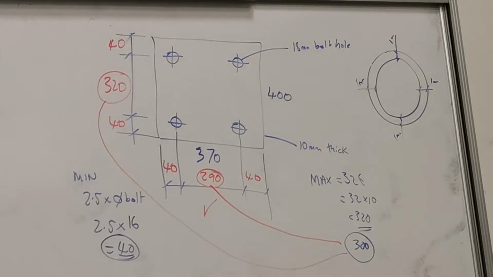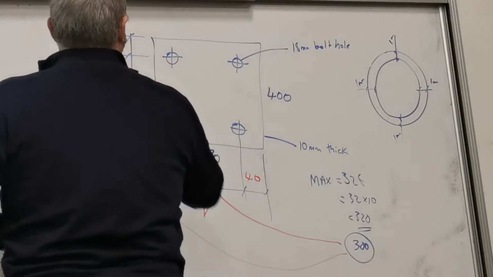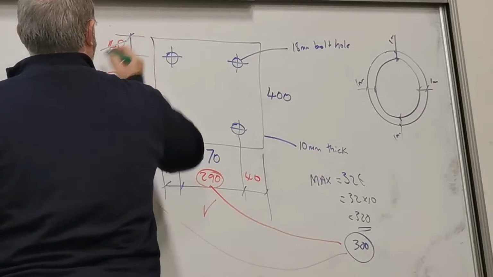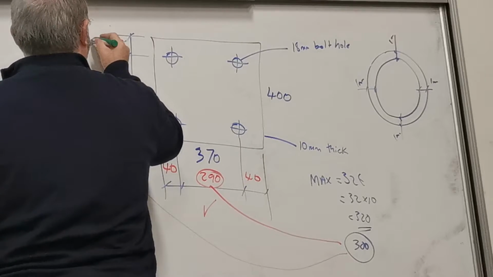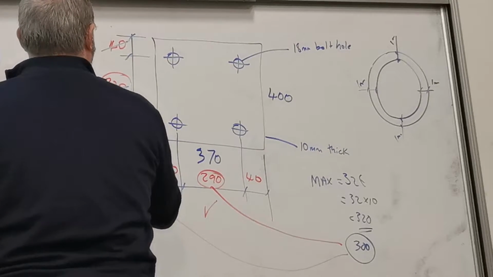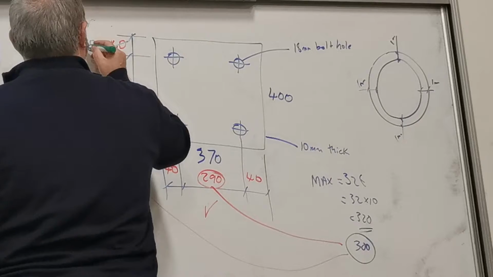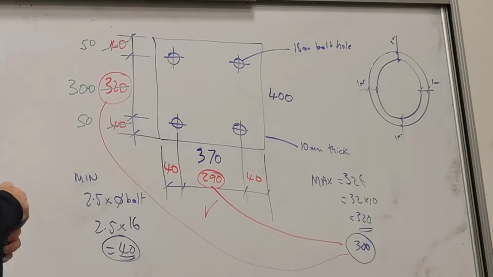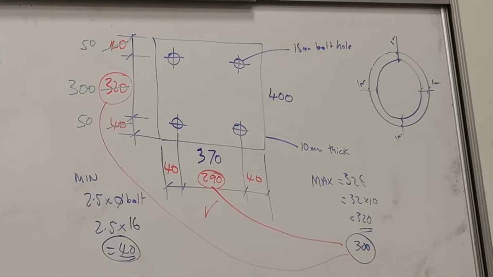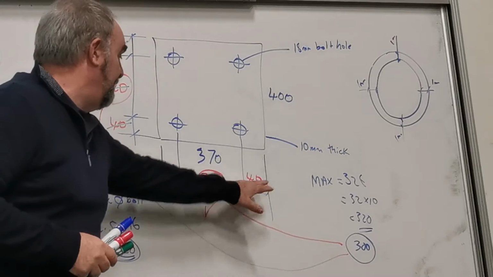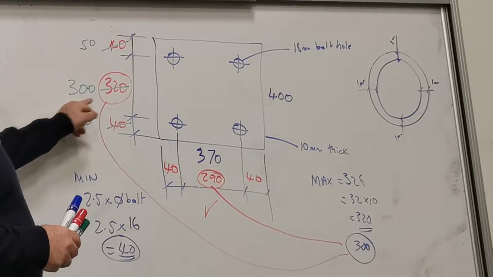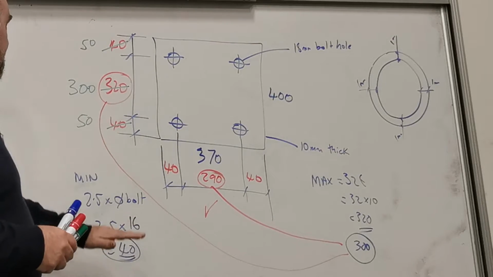So we cross that out, and we go 300, we cross that out, and that goes to 50, and that goes to 50. And that is the difference, that is a plate design. By doing that, I've shown you that this one stays the same, we're all happy with it. This one needed to be adjusted because it was too much. Always start with your minimum.